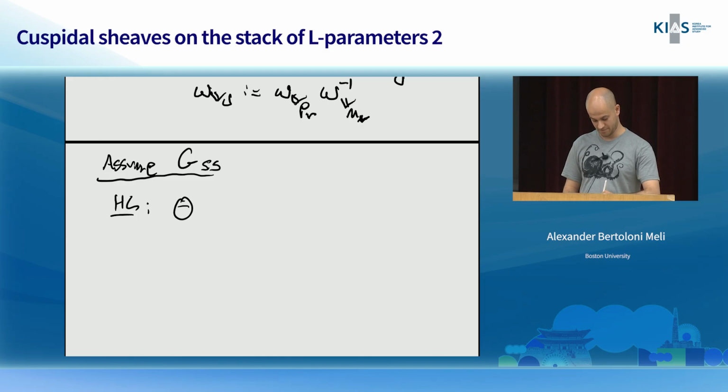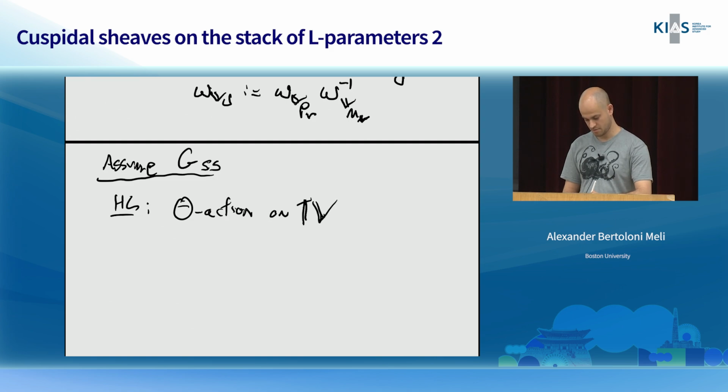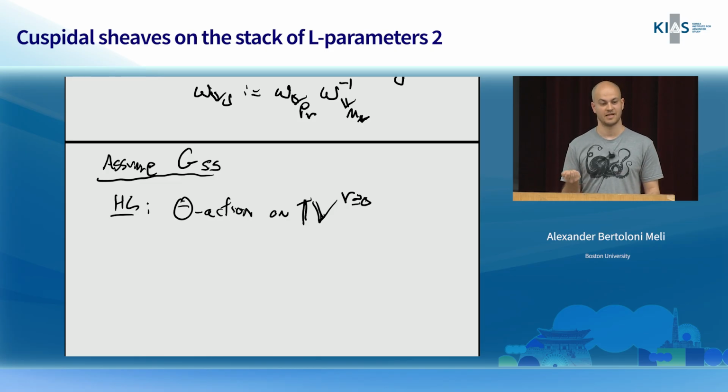Well, the work of Halpern-Leistner tells us that there's a Theta action on T V nu greater than or equal to 0. So the point is this is actually some connected component of the mapping stack. And this Theta is like some monoidal object in the category of Noetherian derived stacks, and it acts on the mapping stack by precomposition.